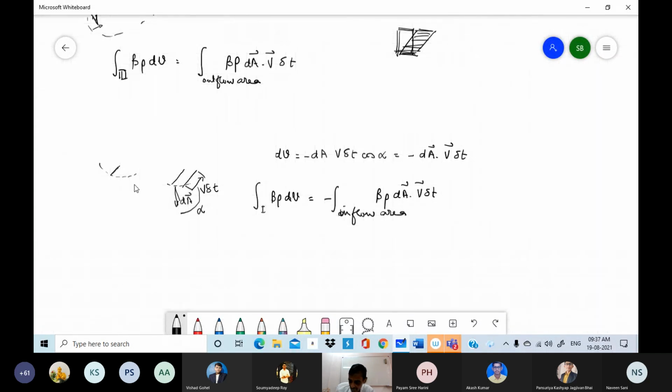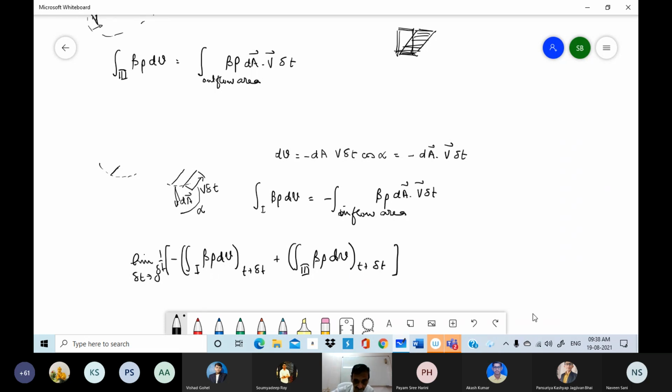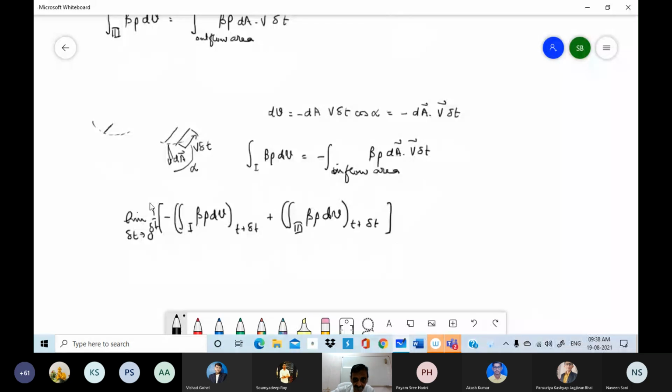So what I had was, now we showed that for the inflow region there is a minus here.